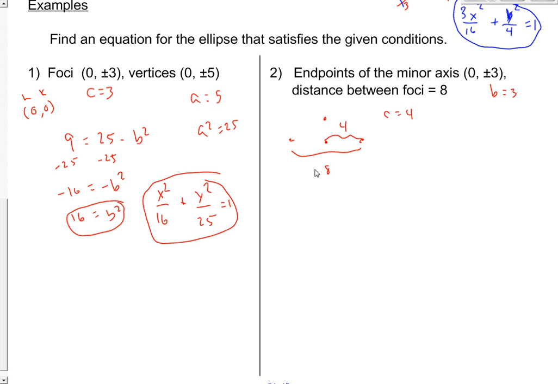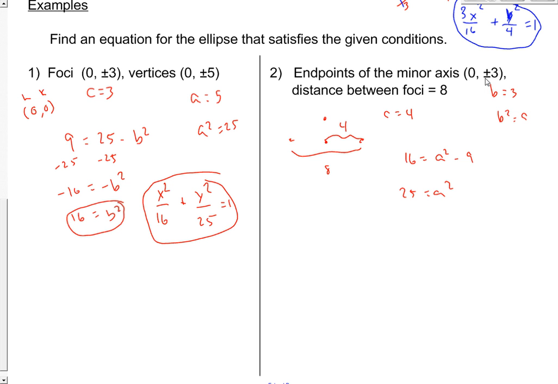So then we're going to use c squared equals a squared minus b squared. And c squared, 4 squared, is 16. a squared minus b squared, so 3 squared is 9. So here we add the 9. We get 25 equals a squared. And b squared is 9. And now we can write our equation. The minor axis went up and down.